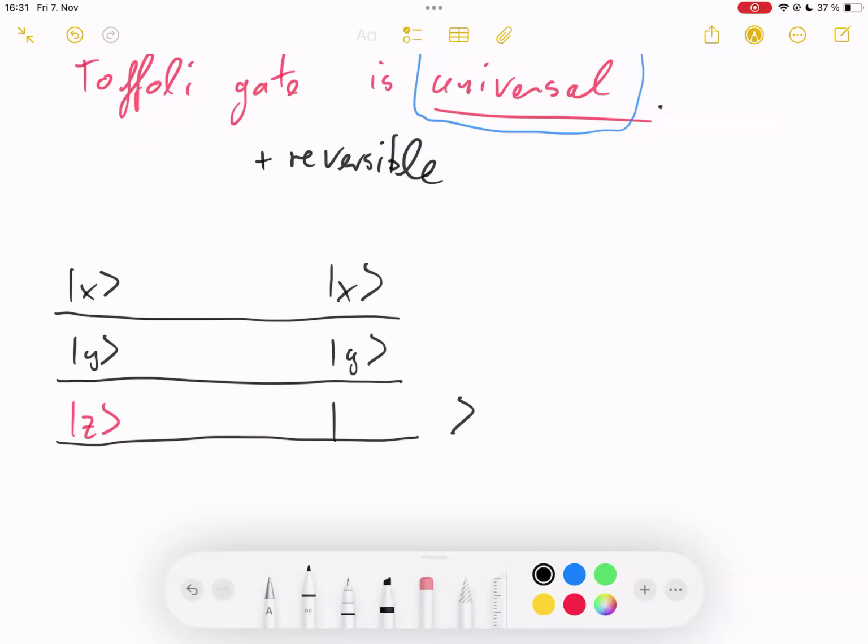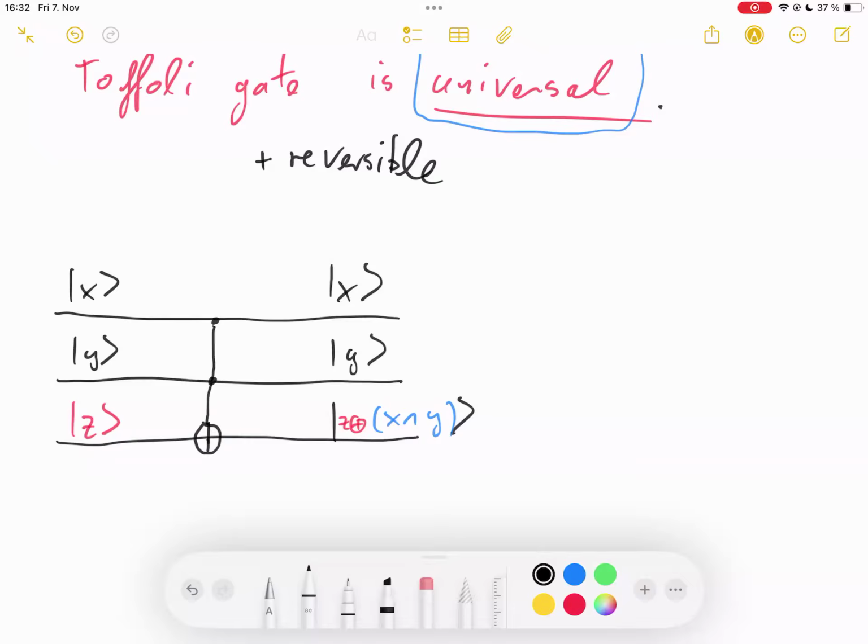And we said it's X and Y. And we have this XOR with Z. And we'll finish the drawing here. So this is the Toffoli gate as we saw it. But now we said it's universal.